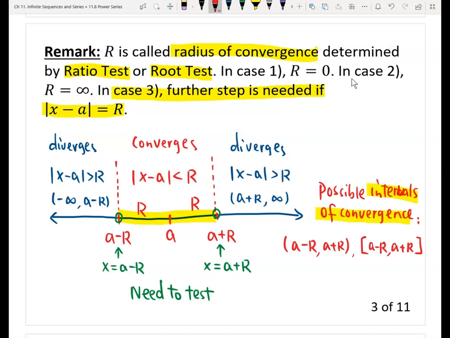Of course, we have another 2: the left closed, right open, and the last case, a minus r open, a plus r closed. These 4 cases we call the interval of convergence. And how to prove this theorem I will introduce later. But first, let's practice questions on how to use this convergence theorem.